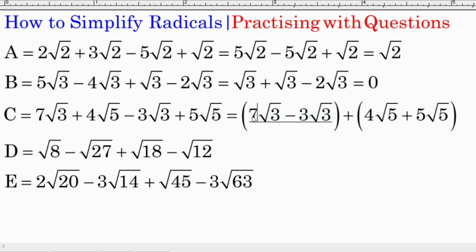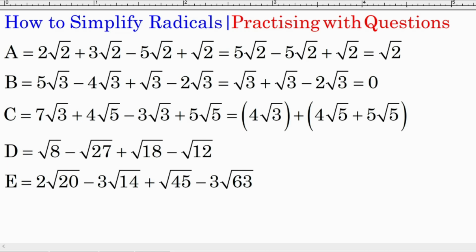We have 7 and minus 3 here, which is equal to 4, so that is 4 square root of 3. And then for here we have the same radical as well, square root of 5 and square root of 5. So we can add the numbers in front of the radicals, which is 4 plus 5 equal to 9, so that will be 9 square root of 5.